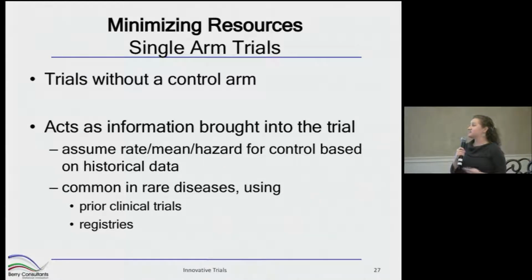So this might come from historical data, for example. Maybe we've run another trial in this population. It's common to do this in rare diseases. One of the big reasons that we might consider a single-arm trial is that patients are hard to find. So if we have a hard time recruiting patients, finding patients, a single-arm trial might be beneficial here.